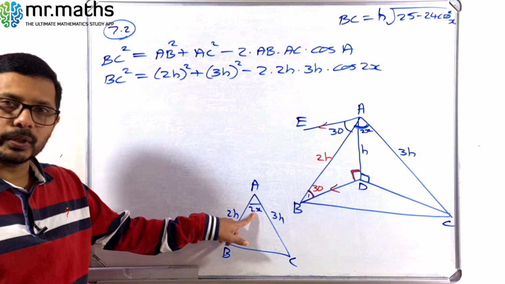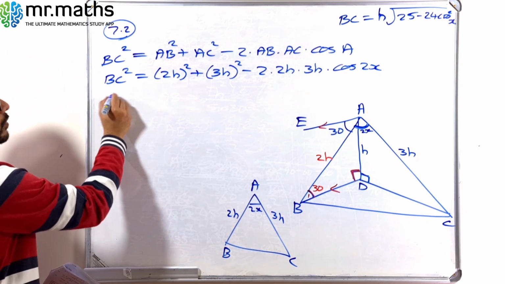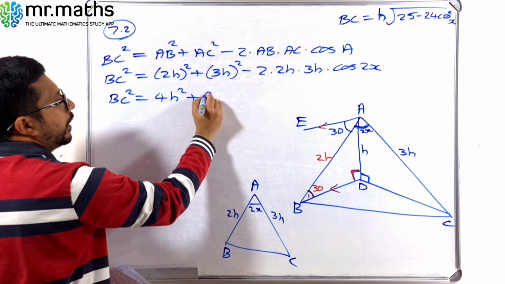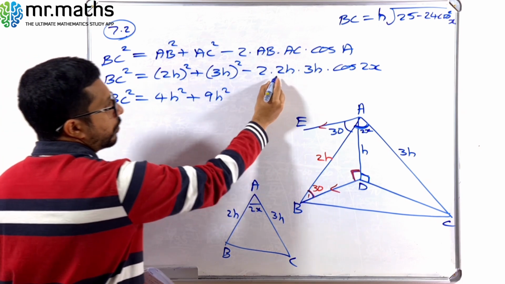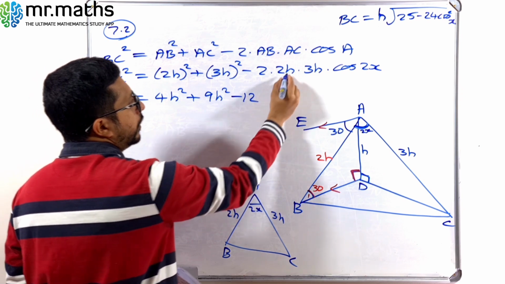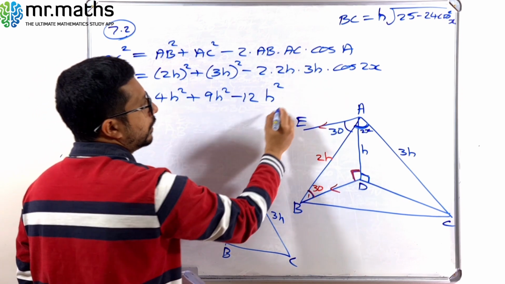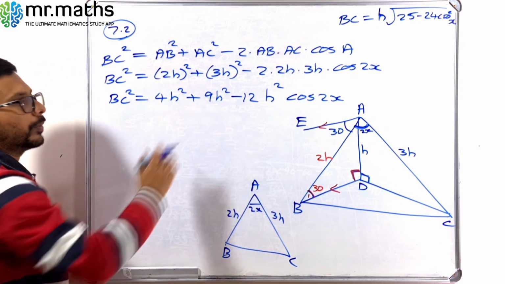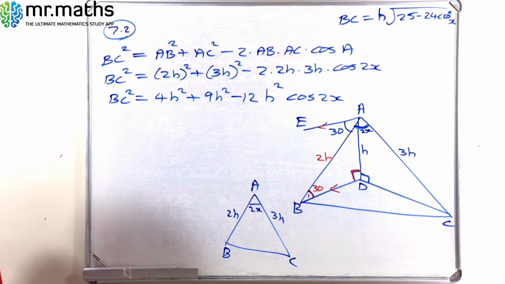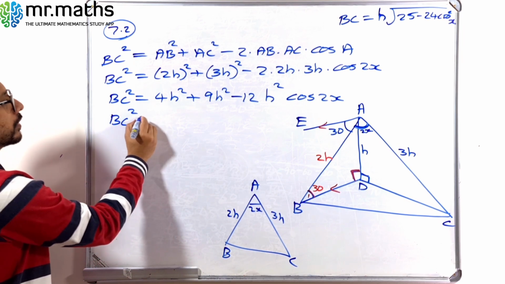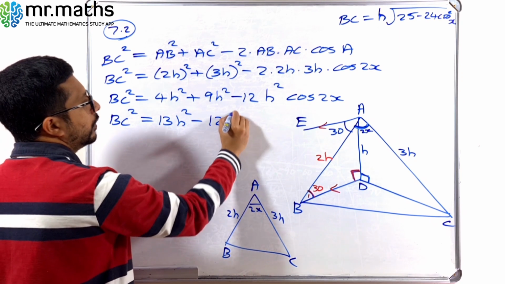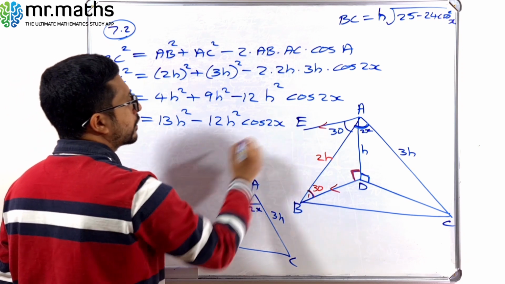So BC squared is 4h squared plus 9h squared, minus 2 times 2 is 4, 4 times 3 is 12, so minus 12h squared cos 2x. 4 plus 9 is 13, so BC squared is equal to 13h squared minus 12h squared into cos 2x.